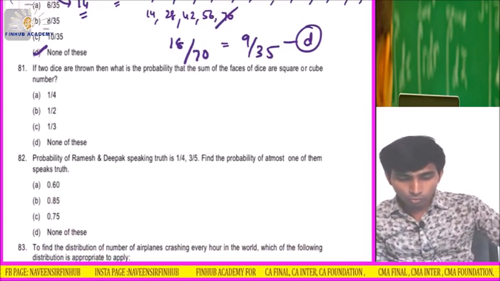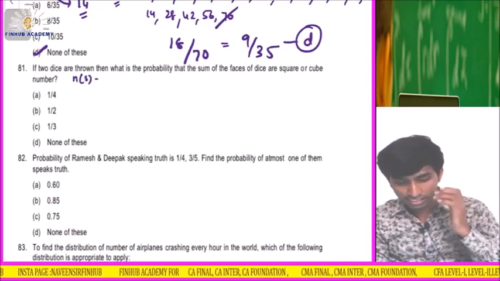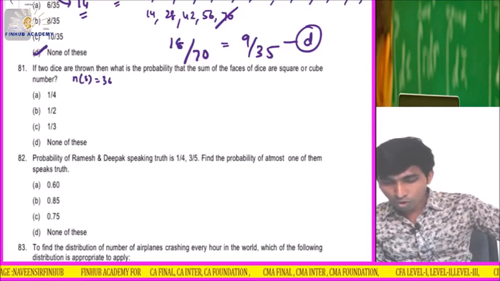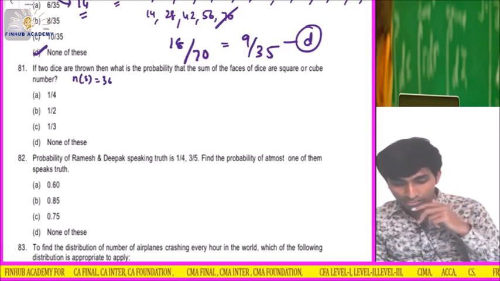If 2 dice are thrown, then what is the probability that the sum of the faces of the dice is a square? My sample space is 36.